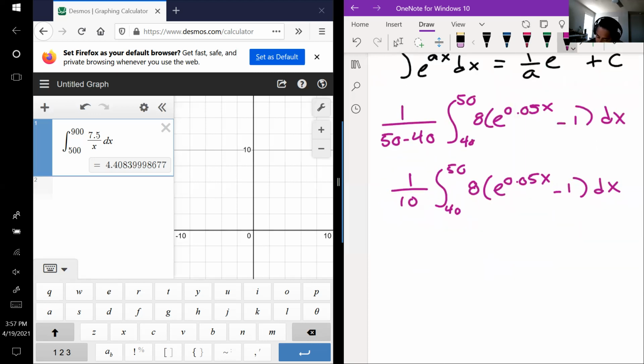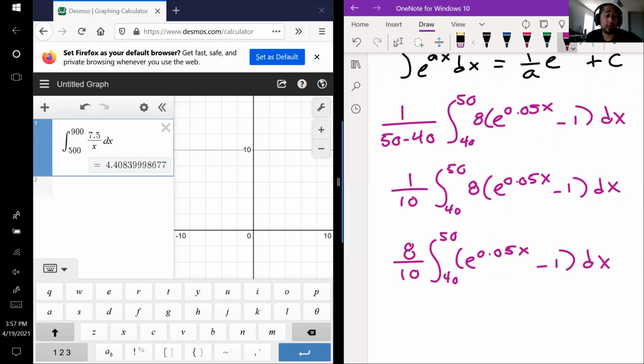So this is going to give us 8 over 10 times the integral from 40 to 50 of e to the 0.05x minus 1 dx. Okay, so this means that we were all set for the antiderivative.